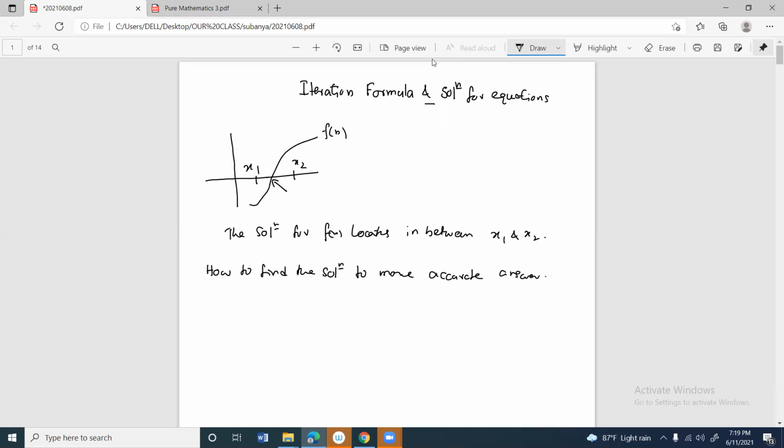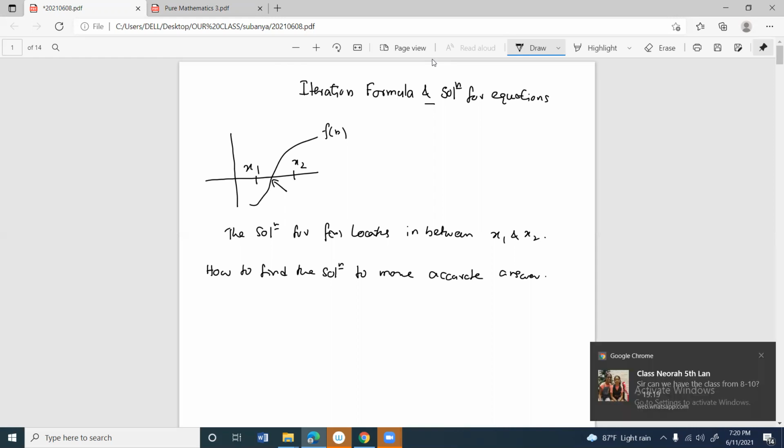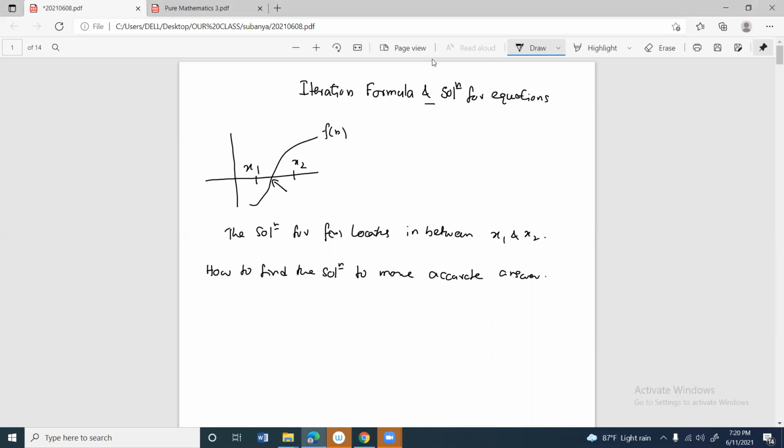Now you may be thinking, why do we have a lot of methods to get the numerical solution for an equation? The answer is that different numerical methods are applicable for different types of equations, and certain methods are not applicable for certain ones.